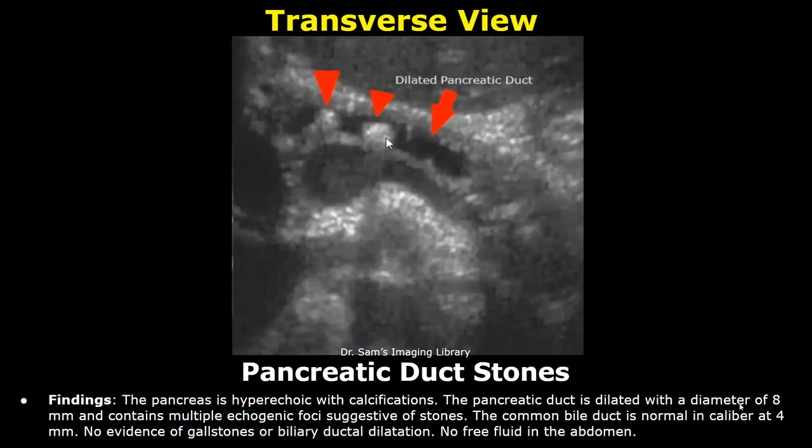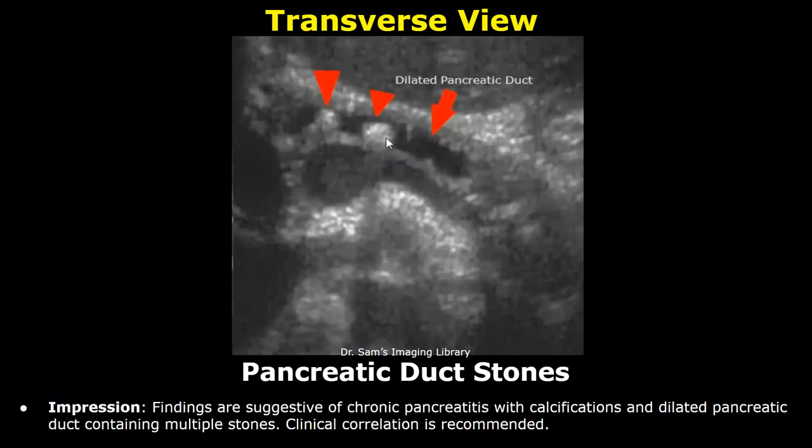Here it is dilated with a diameter of 8 millimeters and contains multiple echogenic foci suggestive of stones. In this example, the patient had chronic pancreatitis. So in the impression, the findings are suggestive of chronic pancreatitis with calcifications and dilated pancreatic duct containing multiple stones. Clinical correlation is recommended.